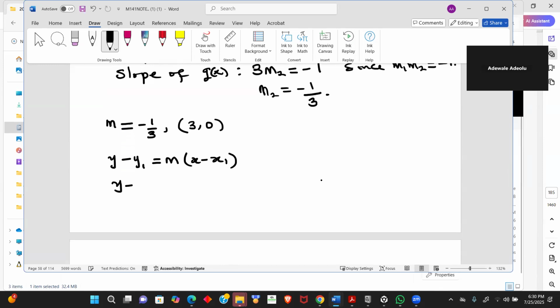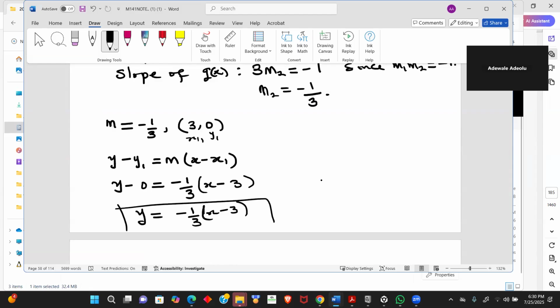So that is y minus, our y1 again is 0, x1 is 3. Our slope is -1/3 into x minus 3. So y equals -1/3 times x minus 3. So that is that.